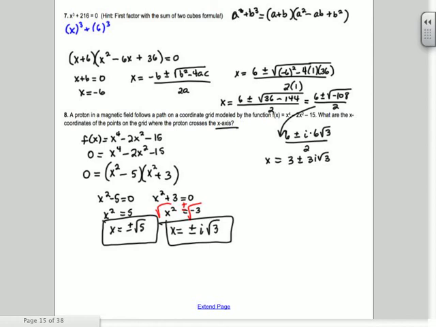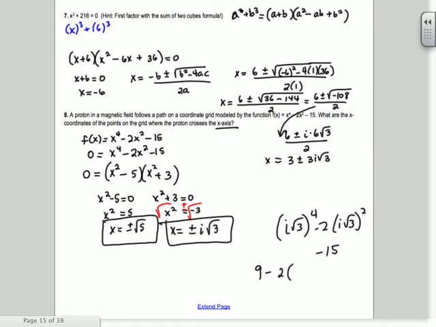So if you're getting i's, that's okay. I mean, you can always go back and check, and those i's will work. Because remember, if you had i root 3 to the fourth minus 2 i root 3 squared minus 15, if I was checking. i to the fourth, do you guys remember what i to the fourth was? 1. i squared is negative 1, right? So this would be 1 times square root of 3 to the fourth.